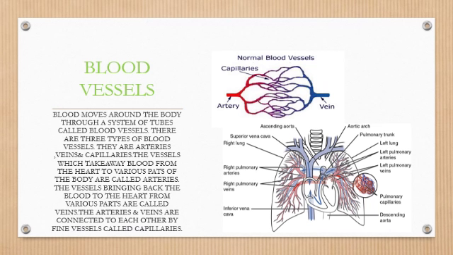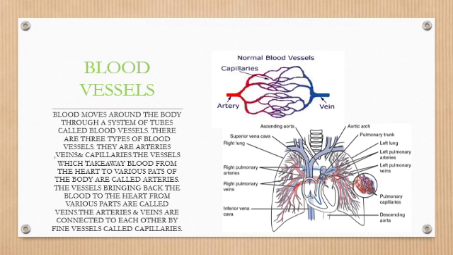Children, once again, arteries are the blood vessels which carry the blood from the heart to all the parts of the body. That is why arteries are also called as distributing blood vessels. So what about veins?